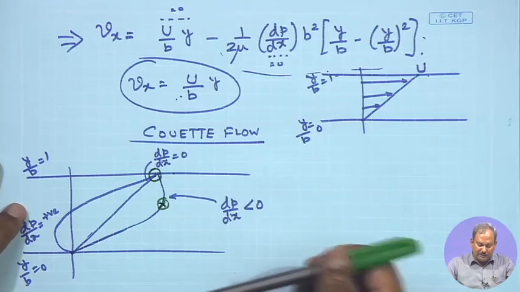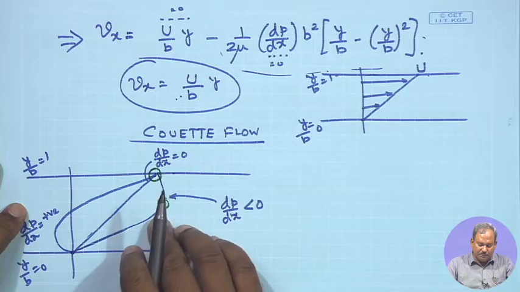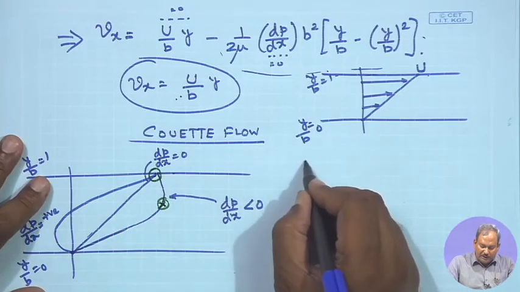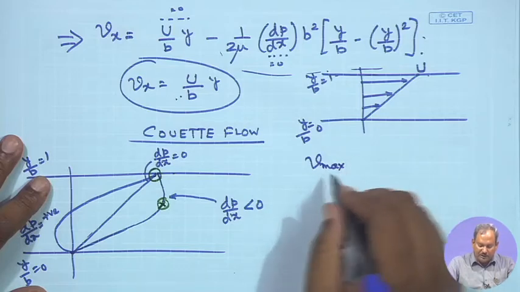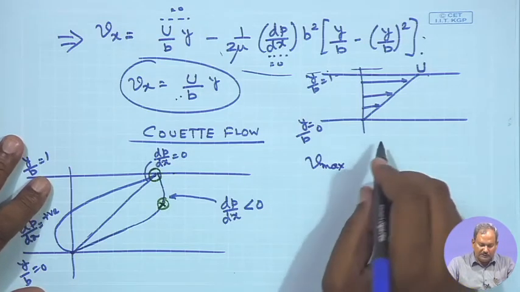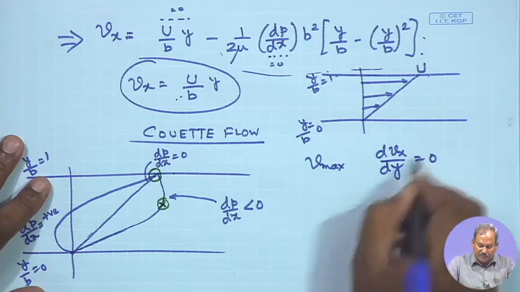So, if someone asks you to find the location of this maximum velocity, you would like to find out what is V max and the location of V max, and we understand that for V max, dVx by dy must be equal to 0.